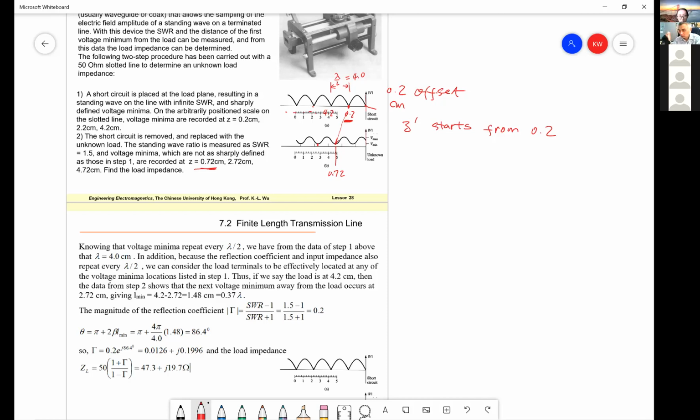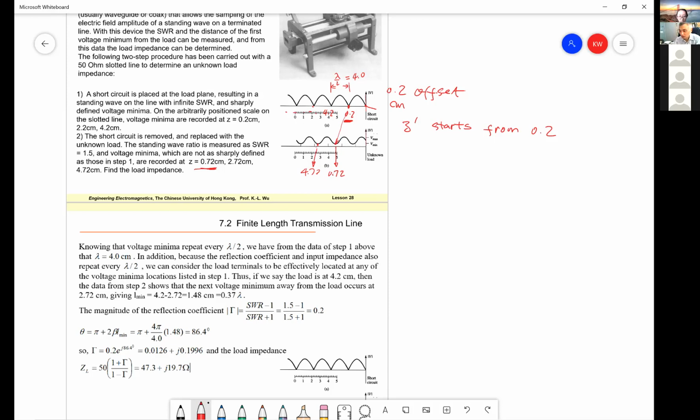All right. So when we place a load, we don't change the wavelength, because you don't change the frequency, right? So that means we still have the same half wavelengths. So this is 4.72. This is the second one, okay?